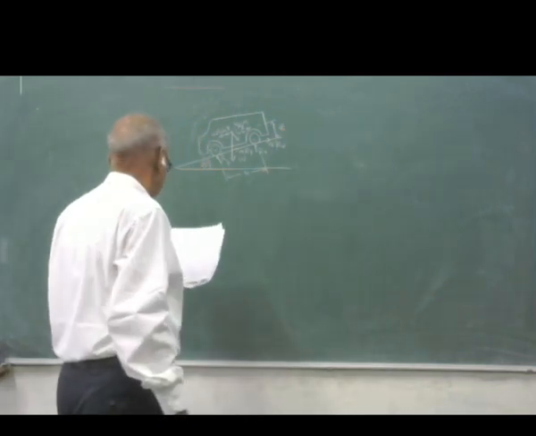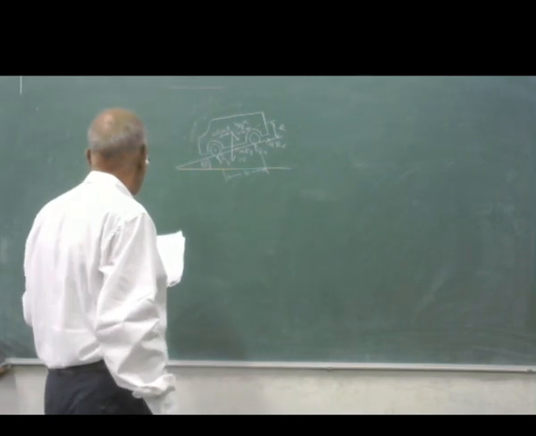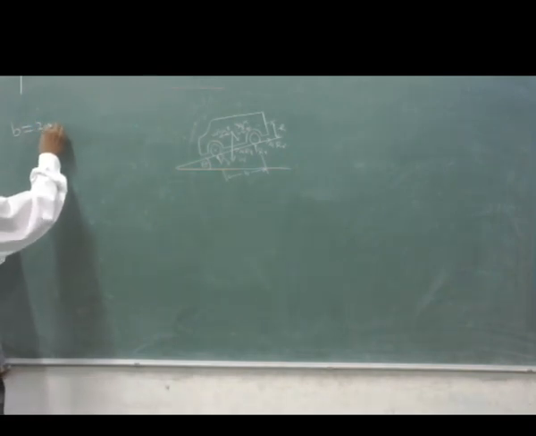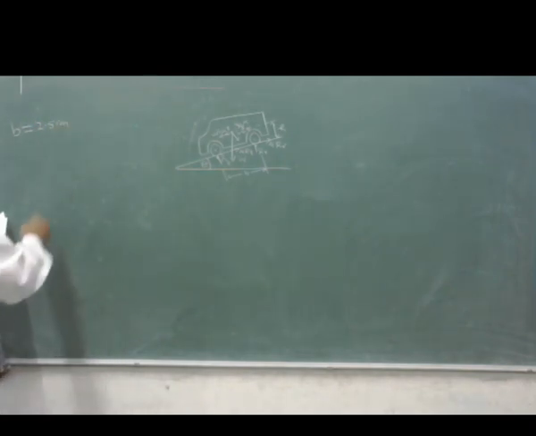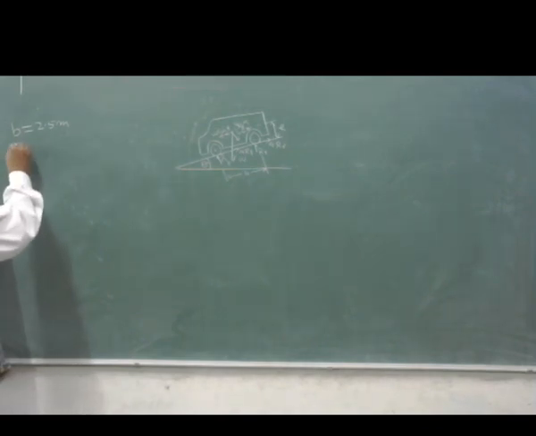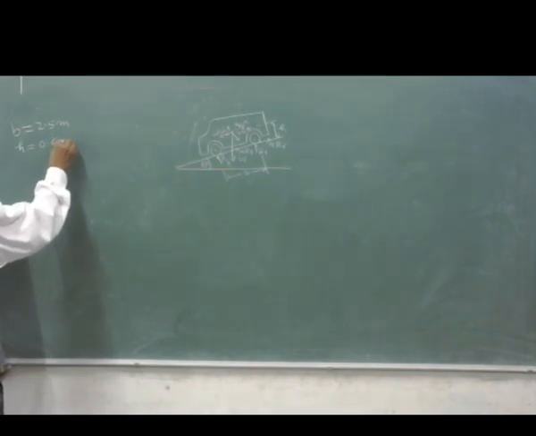Here the wheel base, that is b, is given as 2.5 meter. Then CG lies at h, given as 0.6 meter above the ground.